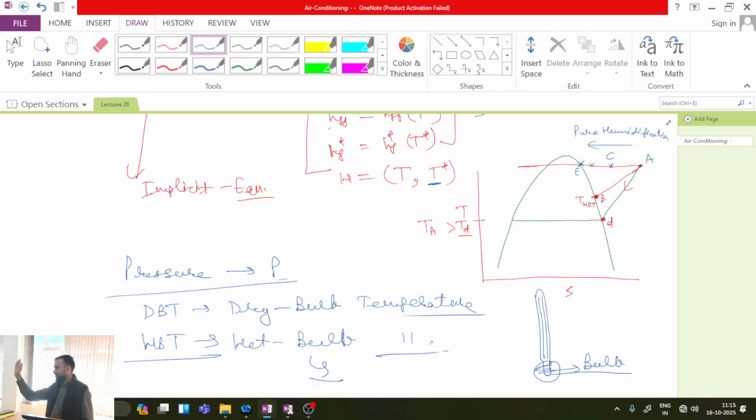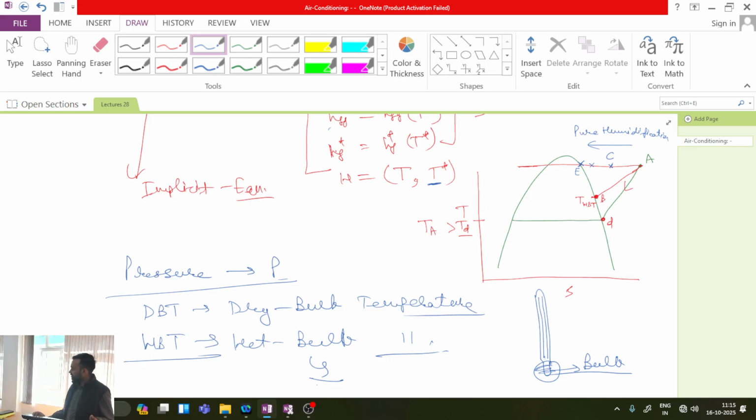Once it rotates, air contact with the wet wick increases, and after rotating for some duration we check the temperature, and read the temperature from these two different thermometers. So one gives us the value of DBT and the other gives us the value of WBT.